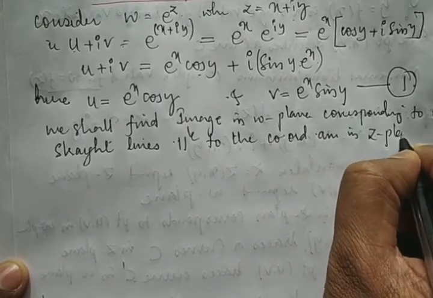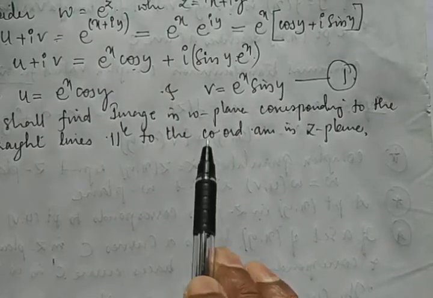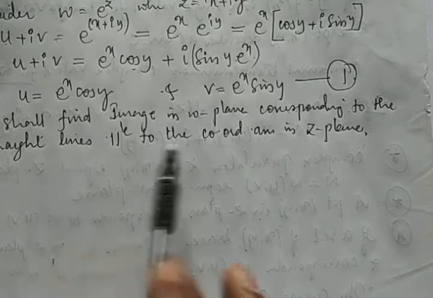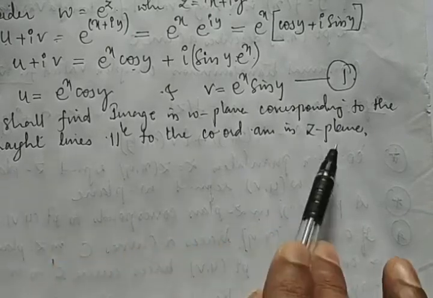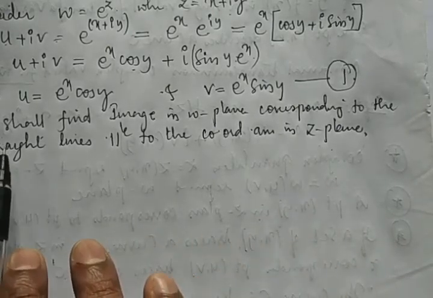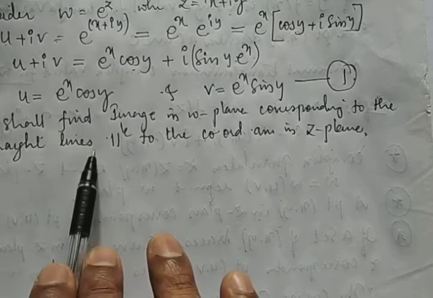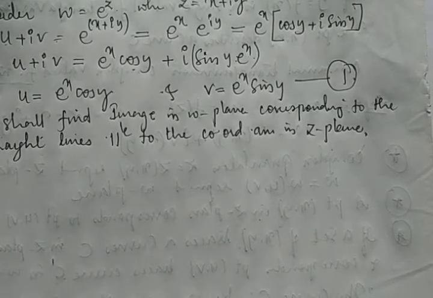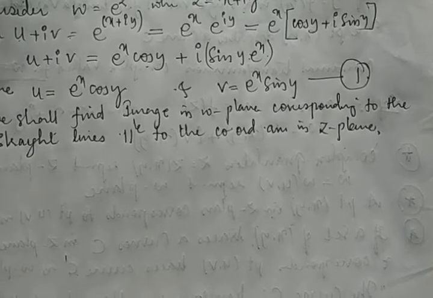So let us see how it works. Means what we are doing, we are trying to find out the image in omega plane with respect to the image in z plane, which we assumed as a straight line parallel to the coordinate x axis and y axis in z plane.